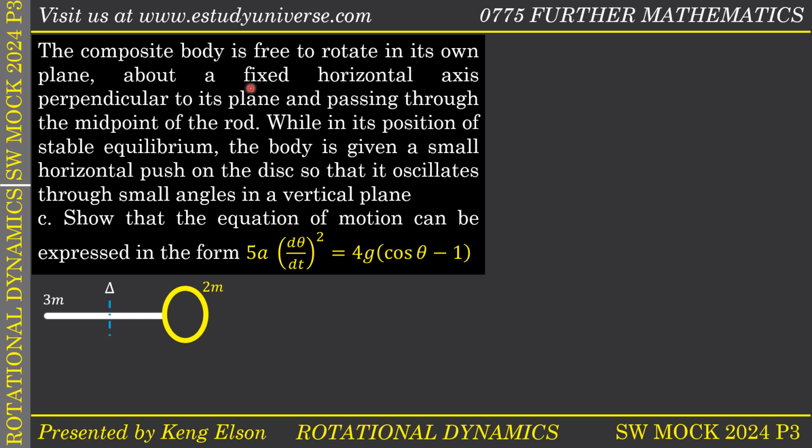Remember that they said the composite body is free to rotate in its own plane about a fixed horizontal axis. So initially the body was actually vertical, since the axis is horizontal, because we know that the axis must be perpendicular to the plane of the lamina.